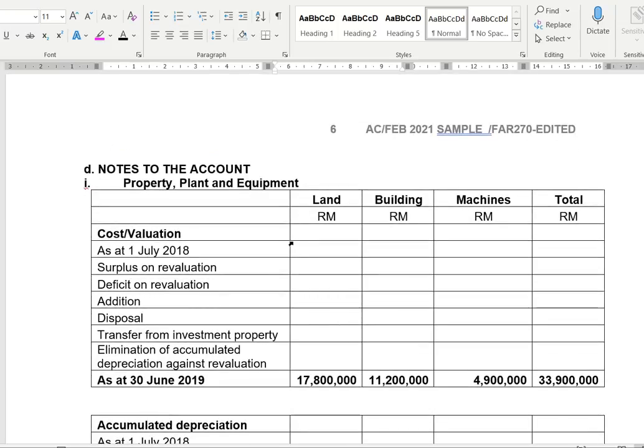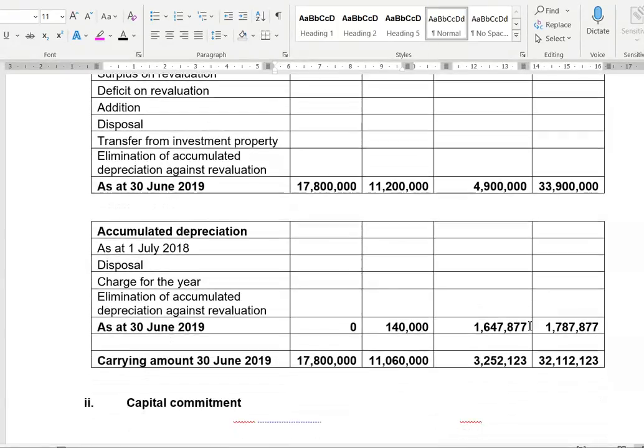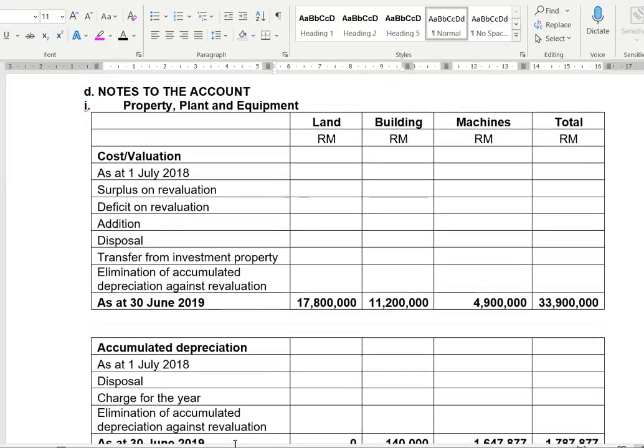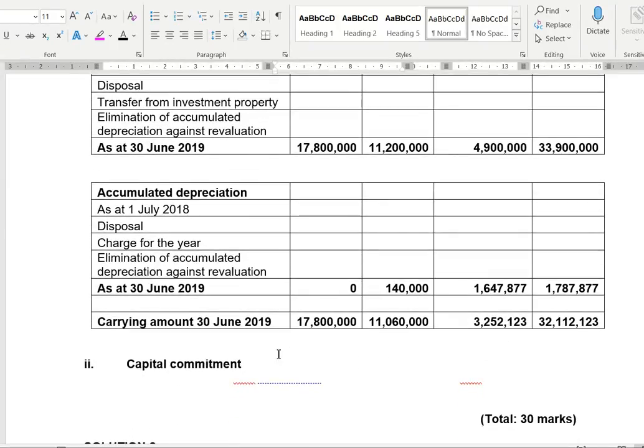For the PPE section, the figure that I was telling you just now is the figure which is going to be the amount here.